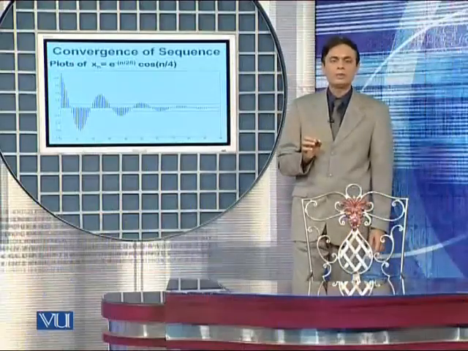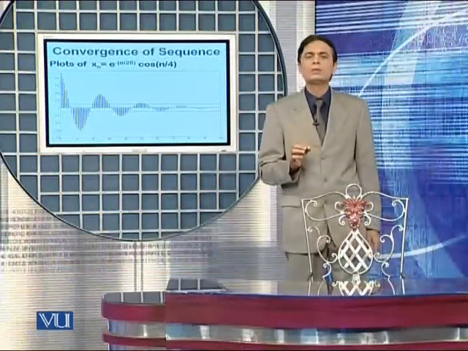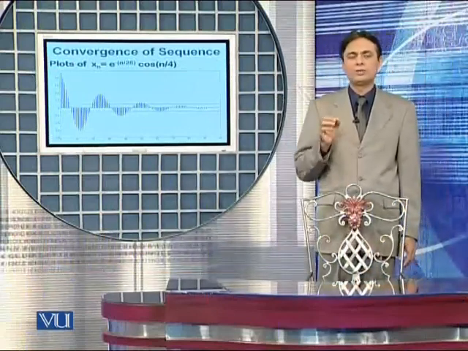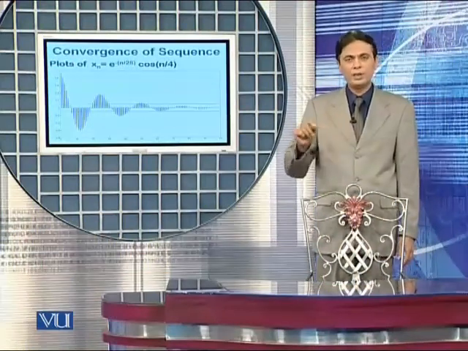So this sequence is a converging sequence, and it converges to a final destination value of 0 in an oscillating manner. There are other tests to see if a sequence of numbers converges or not, and you can consult a textbook to see what those tests are, like Cauchy's test and other tests.